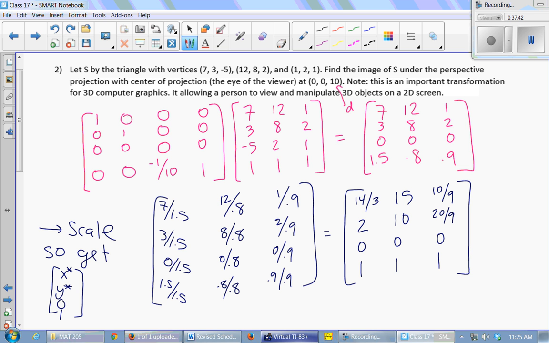So my 3D coordinates (7, 3, negative 5) get mapped to the 2D coordinates (14 thirds, 2).